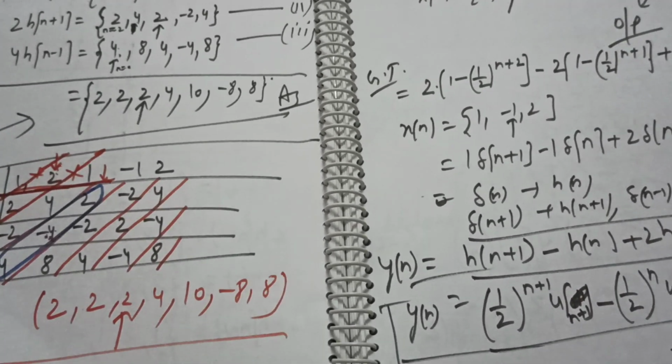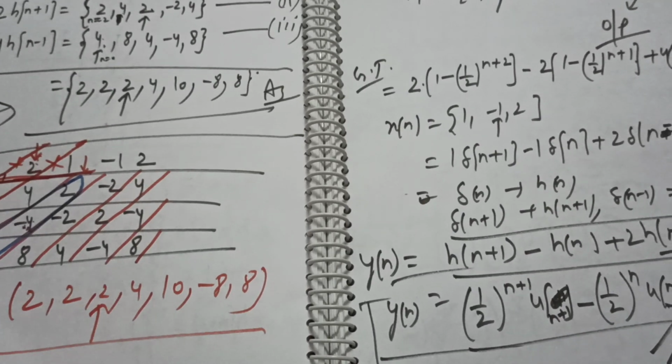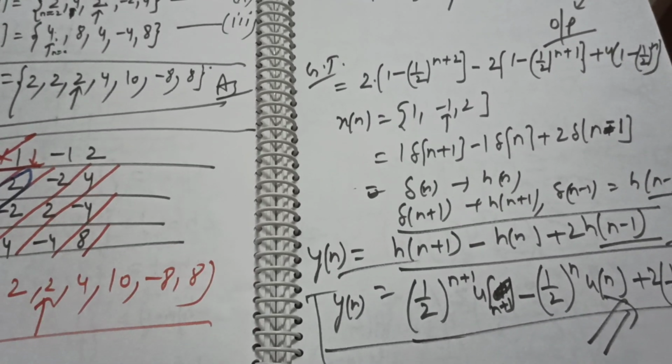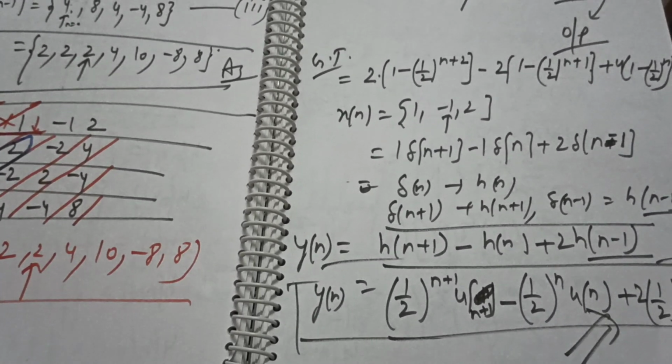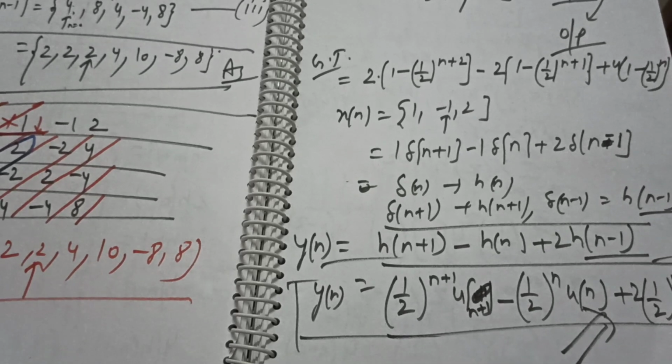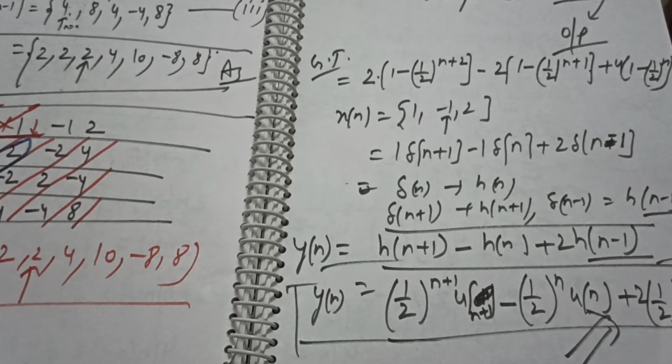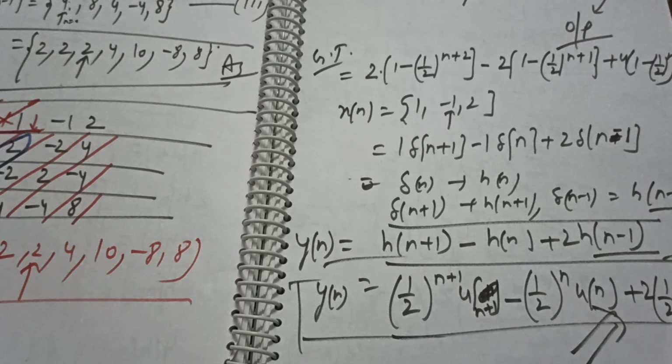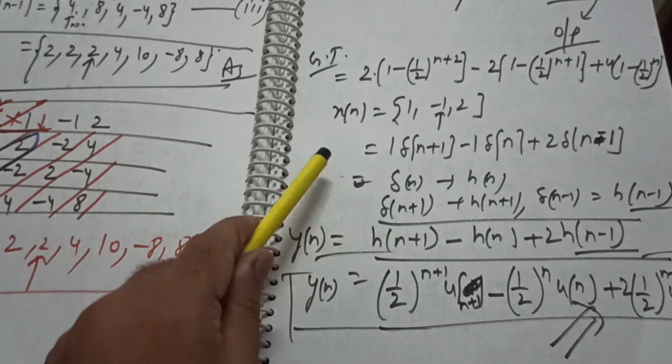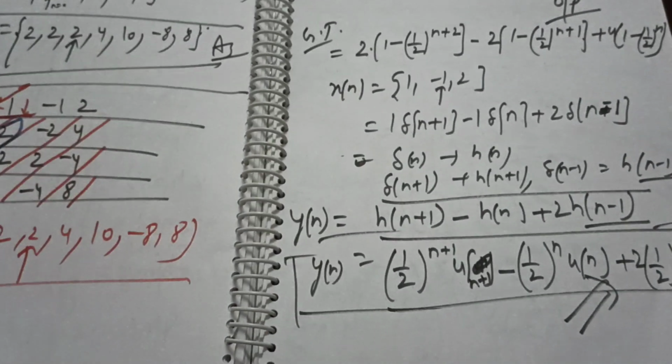Now we have to write the value of x[n], that is 1, minus 1 and 2. That is delta[n+1] minus delta[n] plus 2 delta[n-1]. I am simply writing this in the discrete domain.